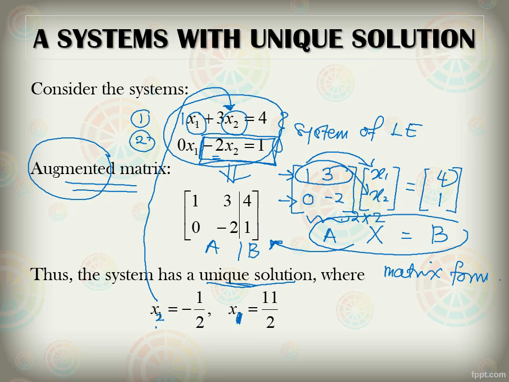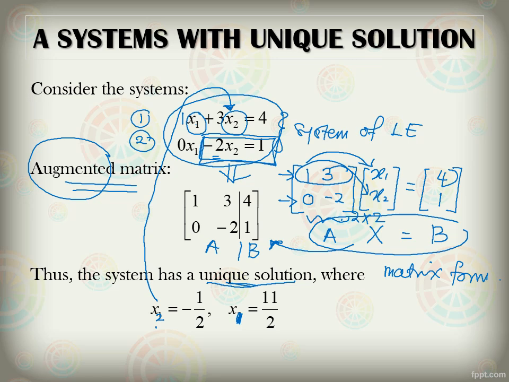Understand? When you only have one solution for one unknown, that is called a unique solution. You cannot change the value of x2 here to be some other number, because it won't satisfy these two linear equations if you do that.